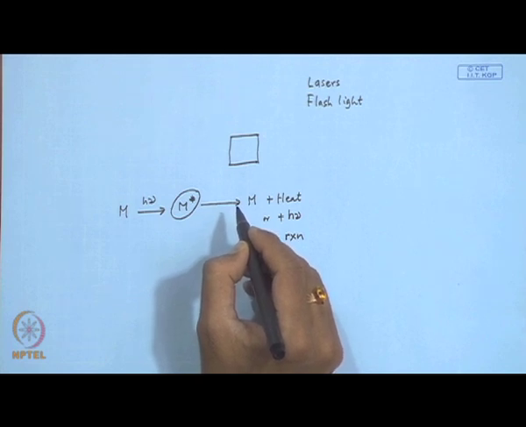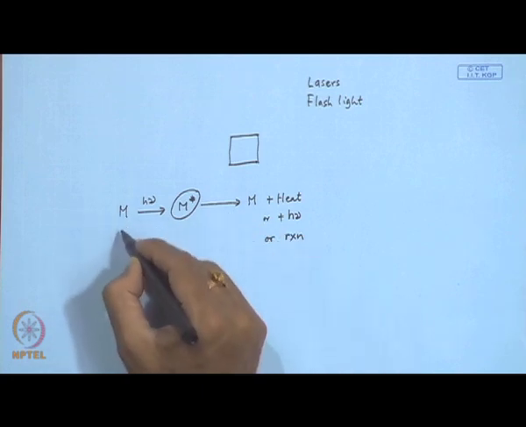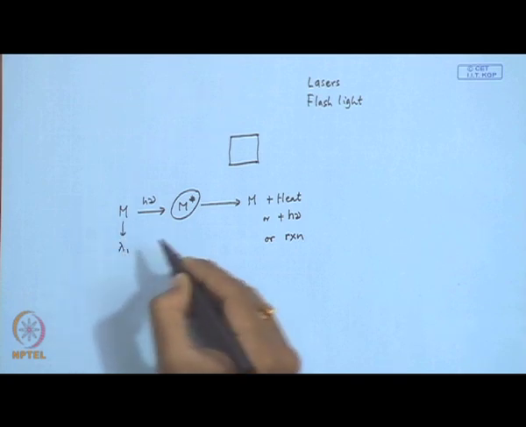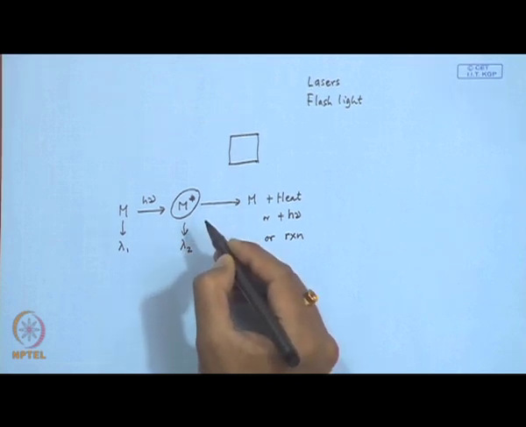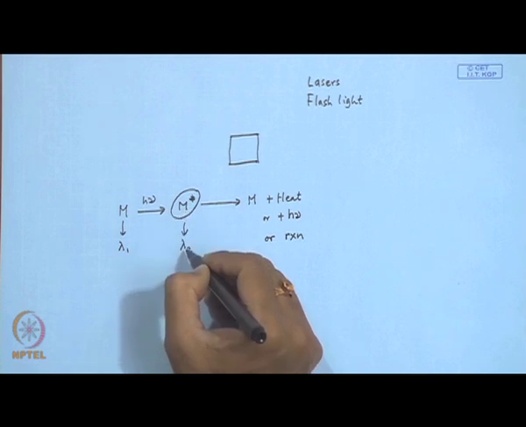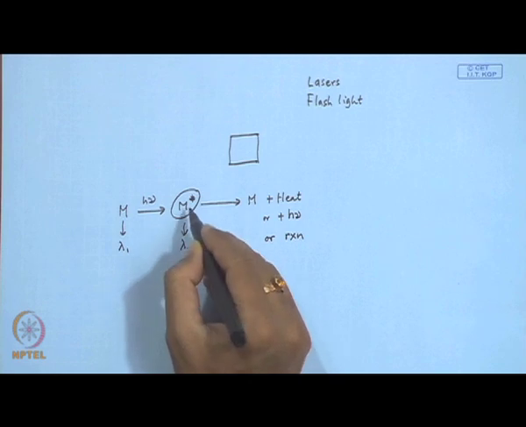Therefore, with time the population of this M star reduces. Suppose this one absorbs at, say, lambda 1 and this one absorbs at lambda 2. So, the excited species, if it is absorbing at a different wavelength, then with the help of spectrophotometry we can monitor the concentration of M star as a function of time.